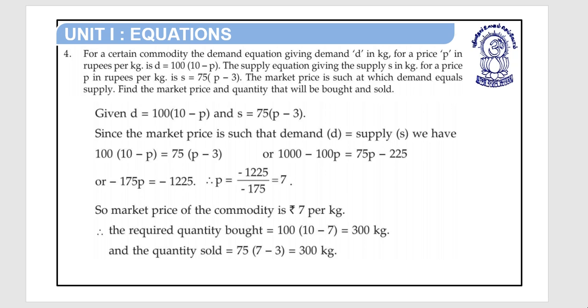For a certain commodity, the demand equation giving demand D in kg for a price P in rupees per kg is D is equal to 100 into 10 minus P. The supply equation giving the supply S in kg for a price P in rupees per kg is S is equal to 75 into P minus 3.